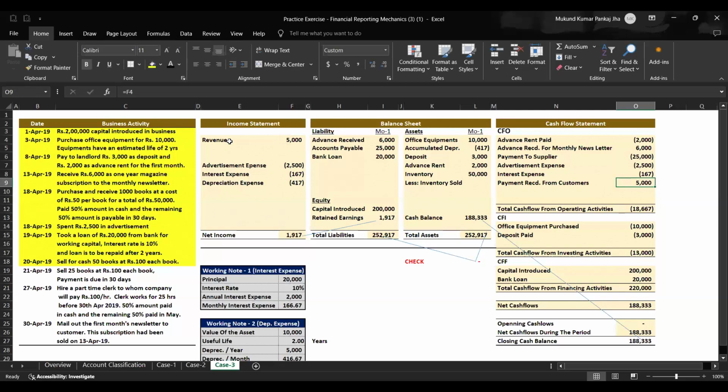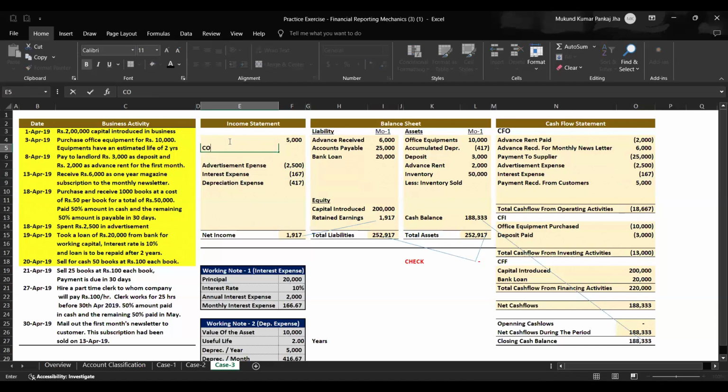Now, if this 5,000 rupees worth of books have been sold, there would be an amount that I have spent to purchase these books, right? That amount is nothing but my cost of goods sold. So how can I calculate that? It was 50 rupees per book, purchased at rupees 50.